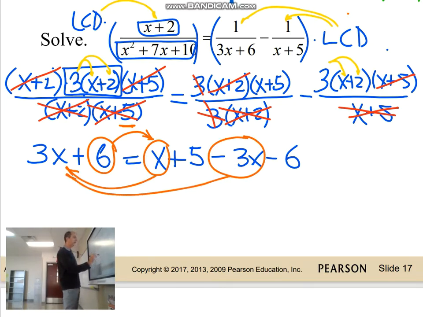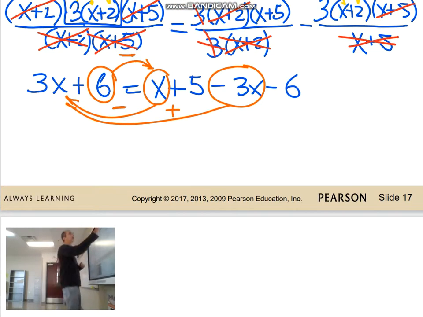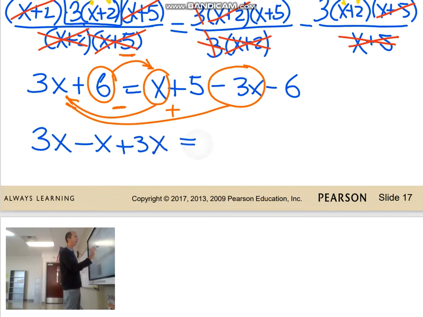Change the sign, this will become a negative, this will become a positive. We will have 3x minus x plus 3x equals 5 minus 6, and this will become negative, so minus 6.